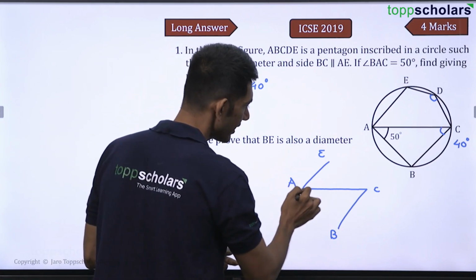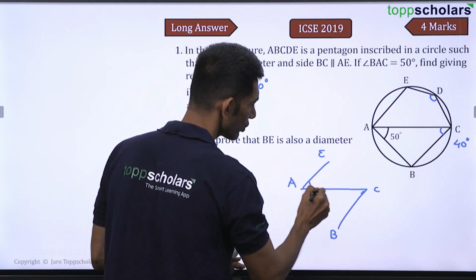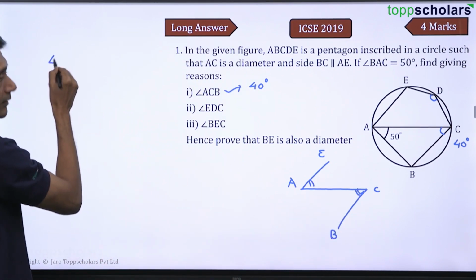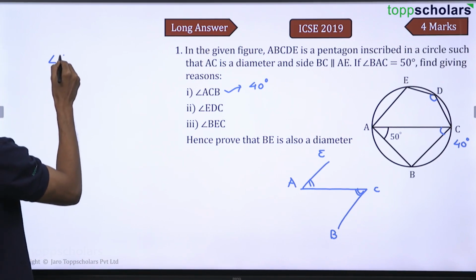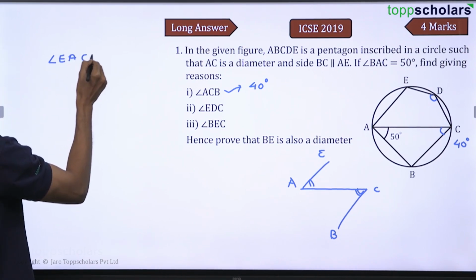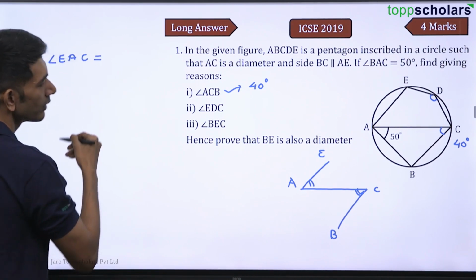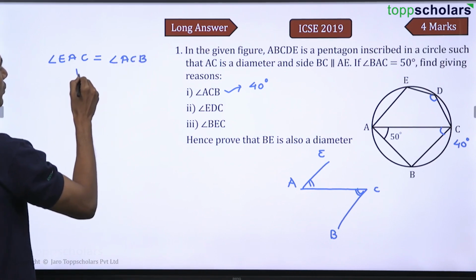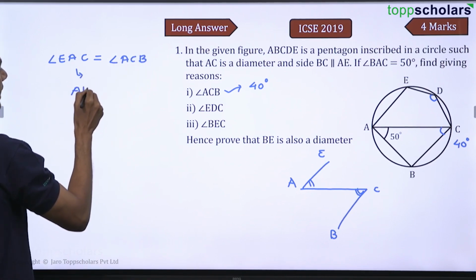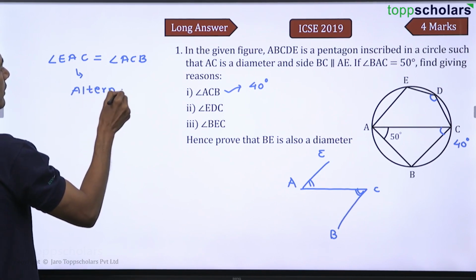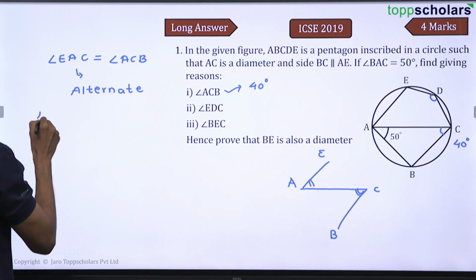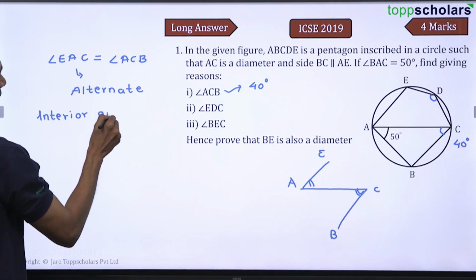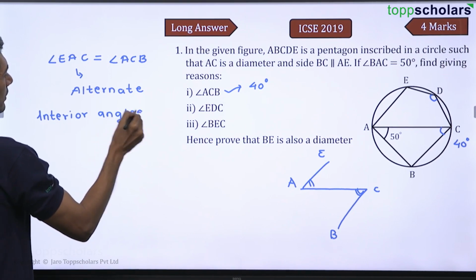So can I say I am getting alternate interior angles? So can I say angle EAC and angle ACB, both of them will be equal? I can say that angle EAC is equal to angle ACB. Why? Because what is the reason? They are alternate angles, or you can say alternate interior angles, right?